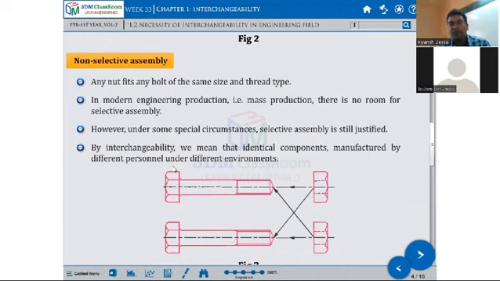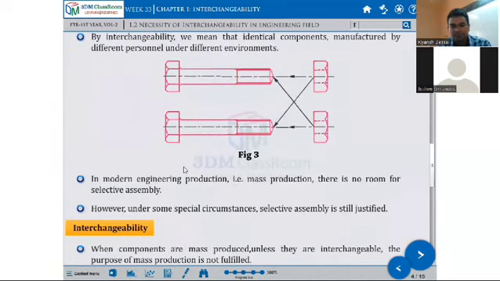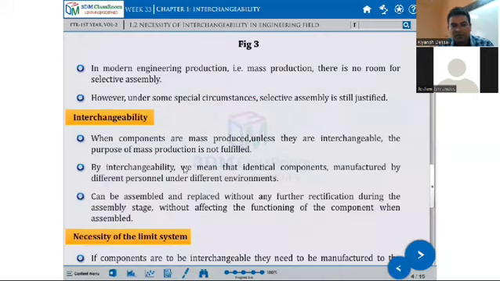By interchangeability, we mean that identical components manufactured by different personnel under different environments can be assembled and replaced without any further rectification or correction during the assembly stage, without affecting the function of the component when assembled. Why is this interchangeability required? When the components are mass produced, unless they are interchangeable, the purpose of mass production is not fulfilled.